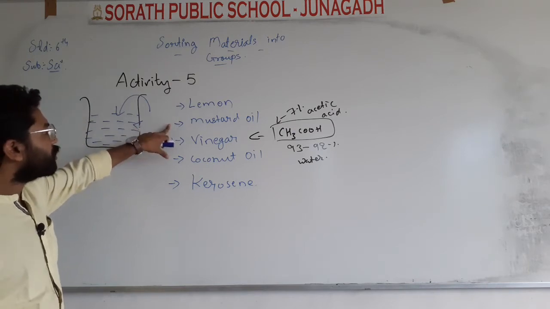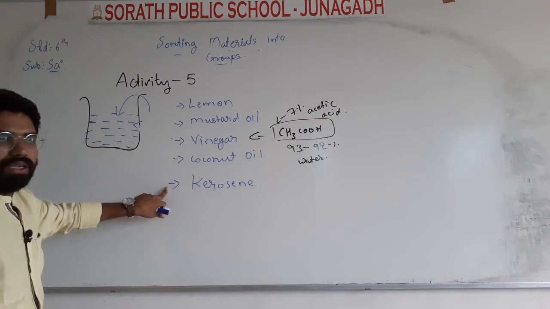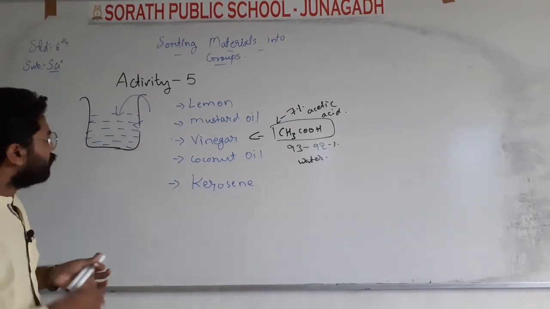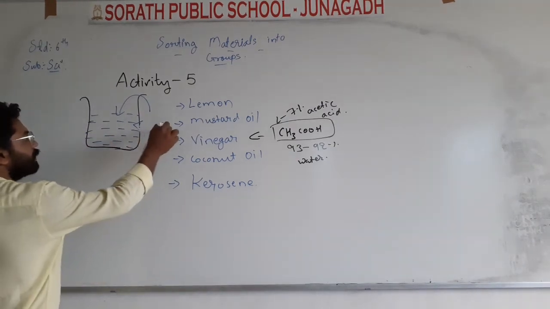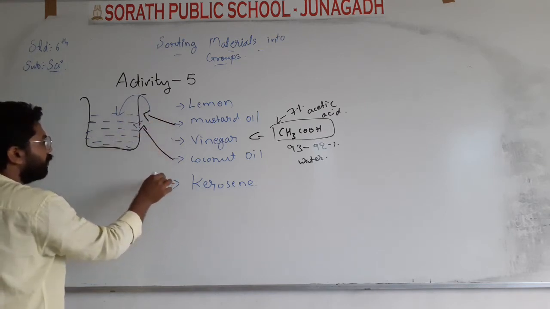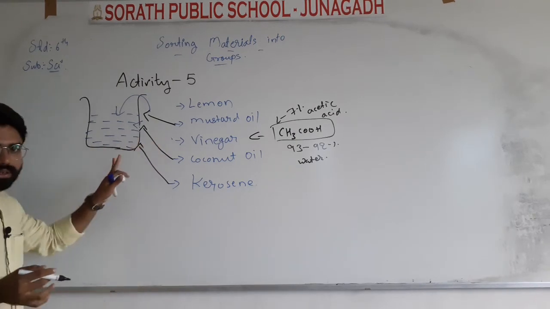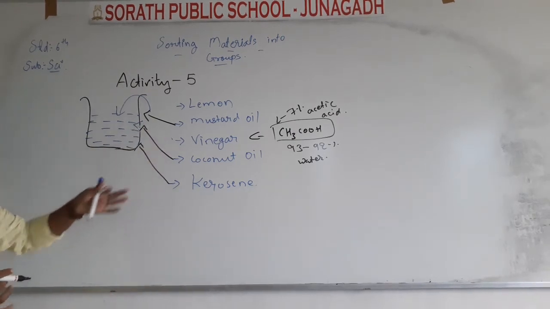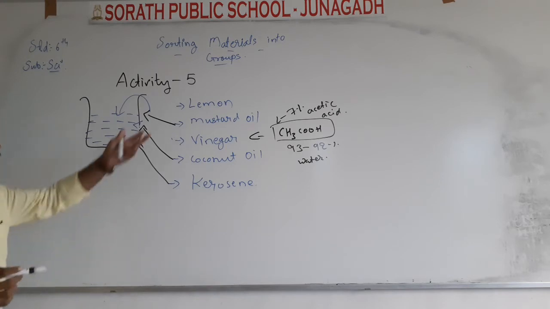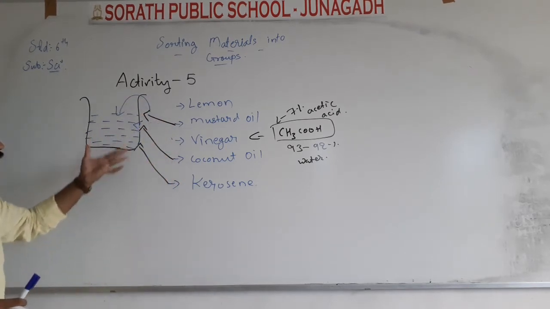But mustard oil, coconut oil and kerosene, when we put all these things one by one in different beakers, you have to take a different beaker for each liquid. Here there are 5 liquids, so you have to take 5 beakers.